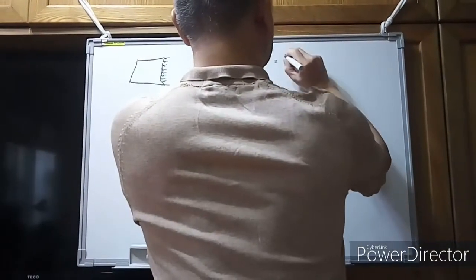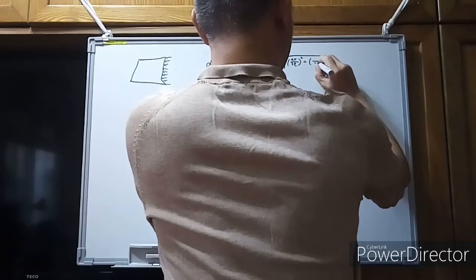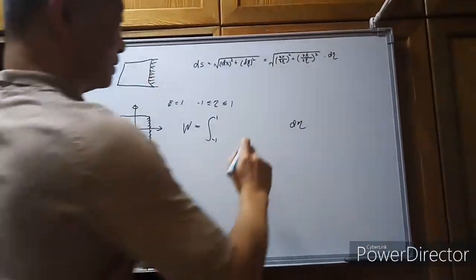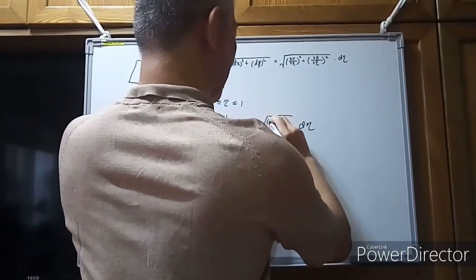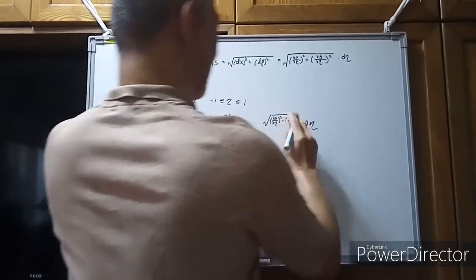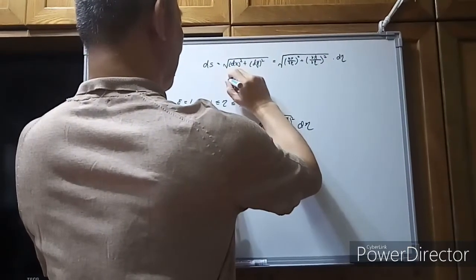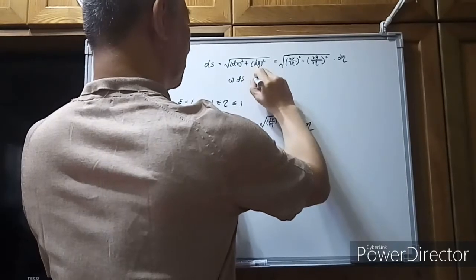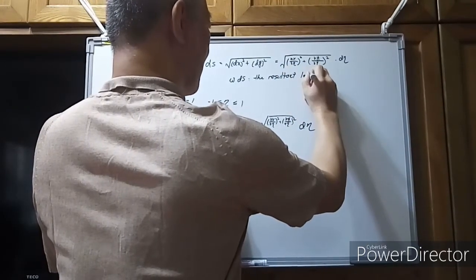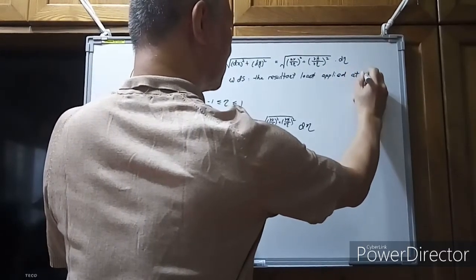And this can be changed into an expression in terms of η, so we can multiply this term by dη, then we can get ds.